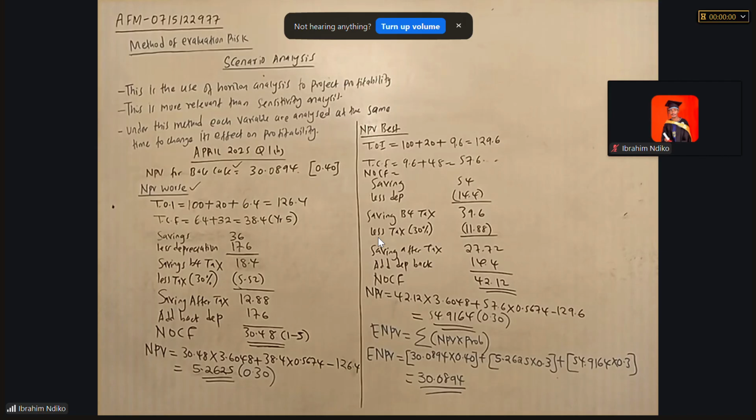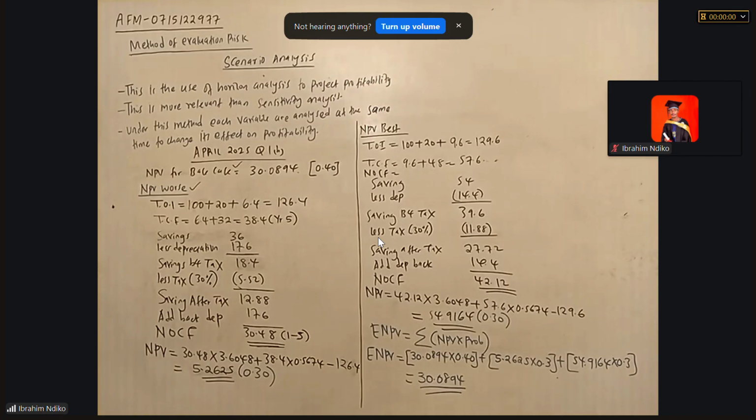So inafaa ikuletee something that is somehow imekaribia the base one. But not necessarily the same. Si lazima ikuwe same, but ikiwa same, very good. But yeah, this one imetupea the same.